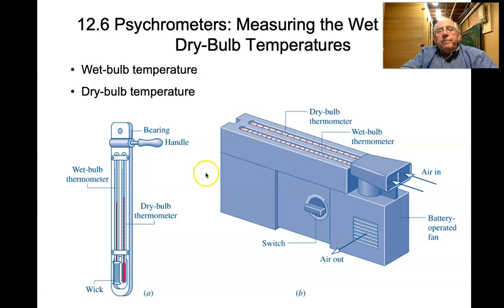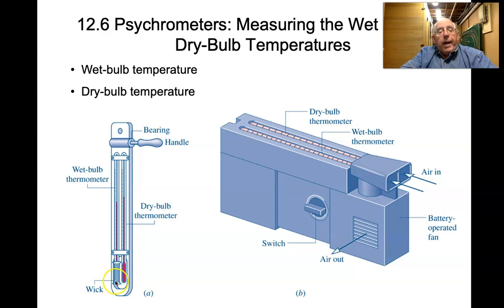And so with that, this is a device that can do precisely that same thing. This is what is called a sling psychrometer, and this is an electronic version. On this device you have two thermometers.